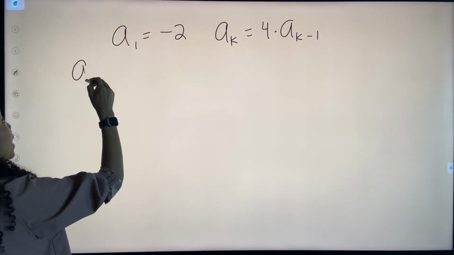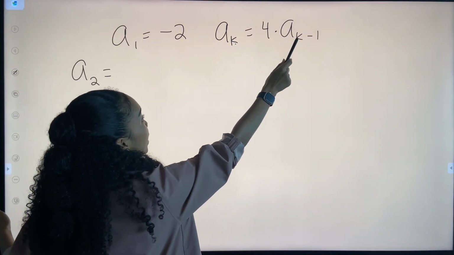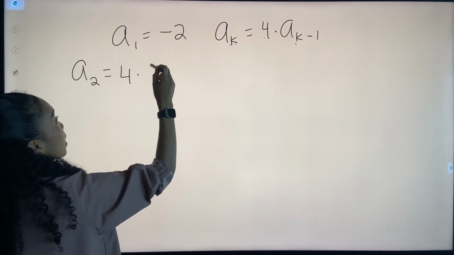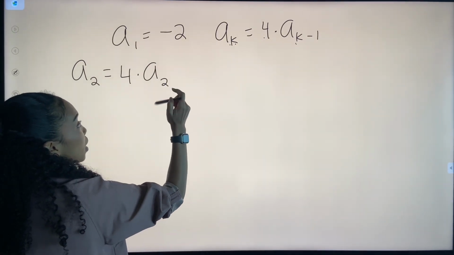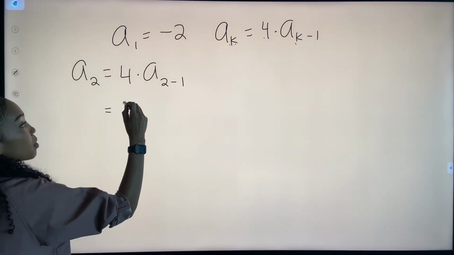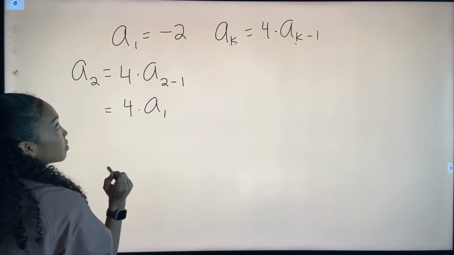So I'll do A2. So wherever I see the variable k, I'll plug in a 2. So I have 4 times A of 2, I'm plugging in a 2, minus 1. So this becomes 2 minus 1 is 1.